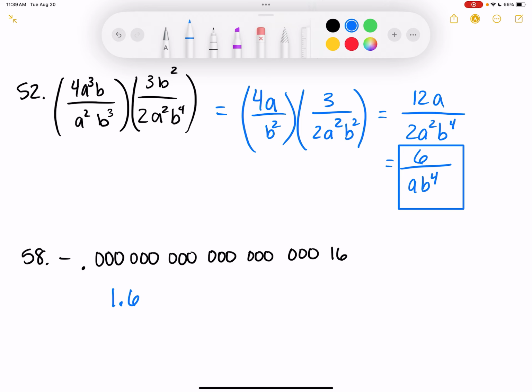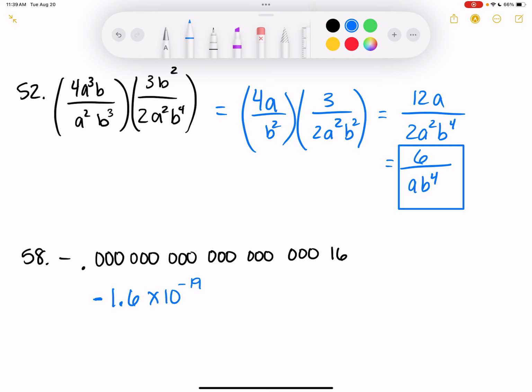Don't forget about the negative sign, that's out front. Scientific notation is always times 10. So 19. Whoopsies, negative 19.